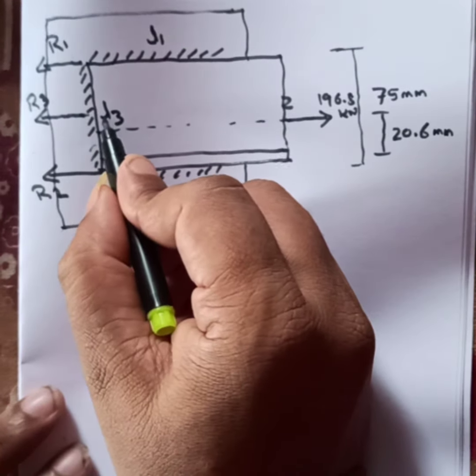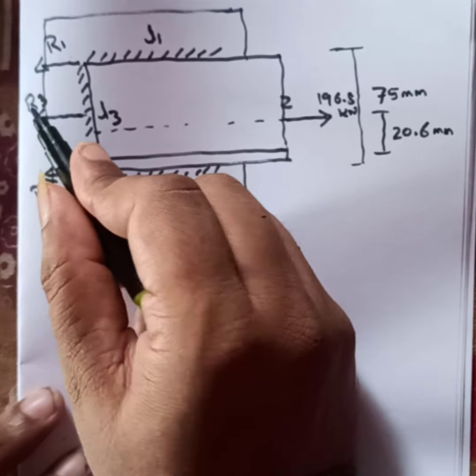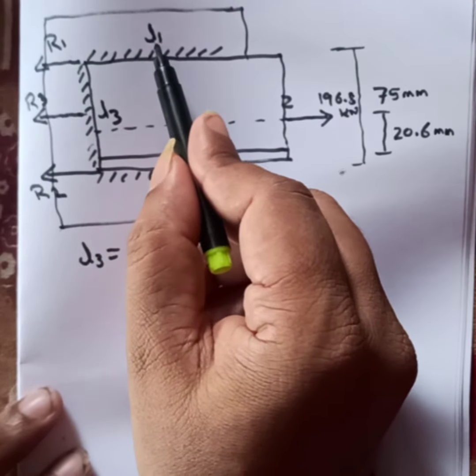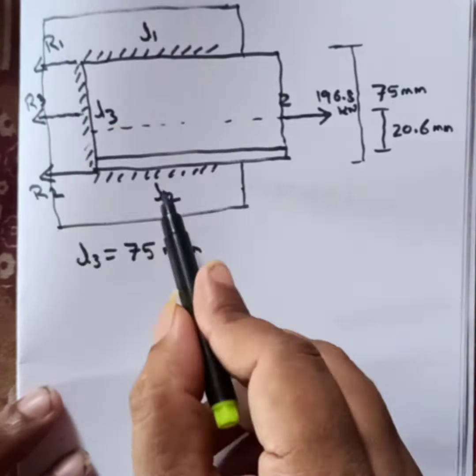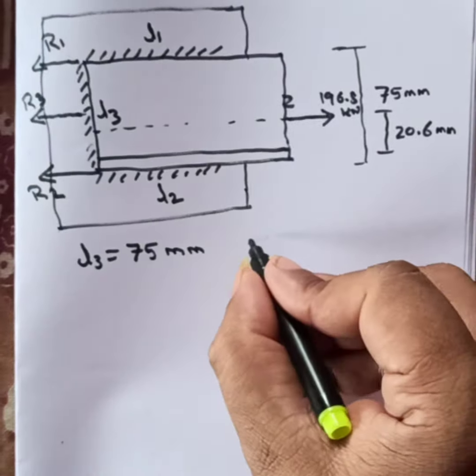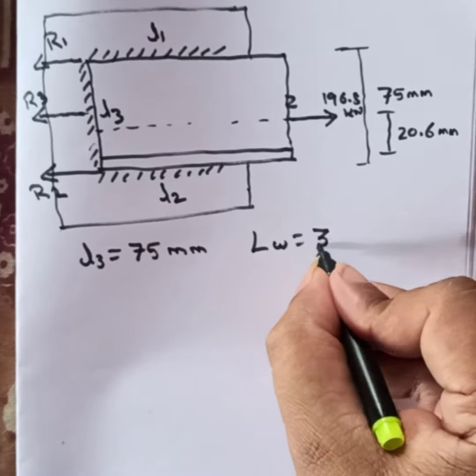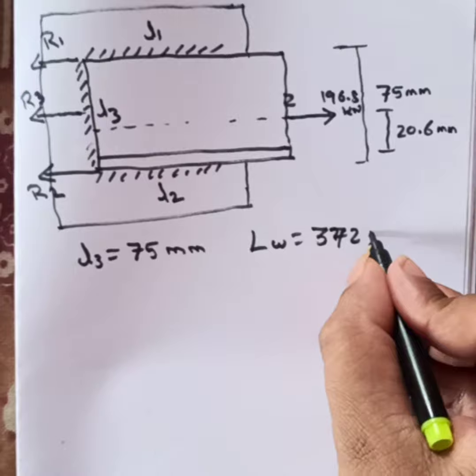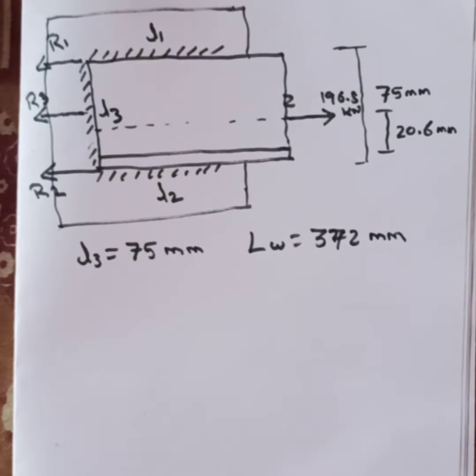So L3 will take R3 amount of load, L1 will take R1, L2 will take R2. Now I need to find L1 and L2. Total length LW is 372 mm.